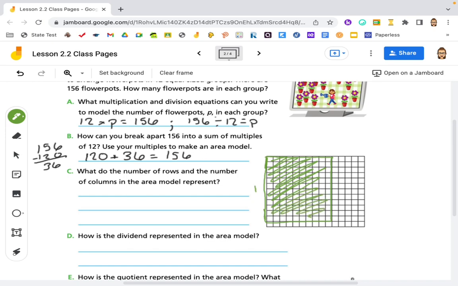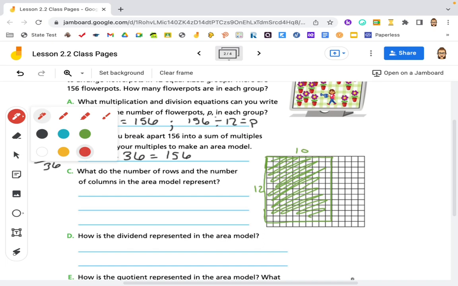So this is 12. This is 10. And then I know that 12 goes into 36 3 times. So I need to go down 12 over 3.